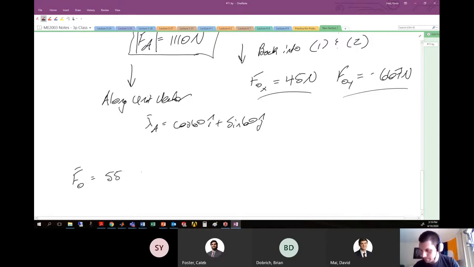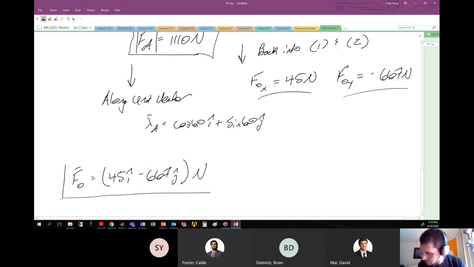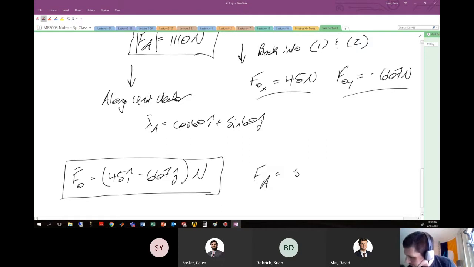Sorry, that's for A. Force at O is 45 i hat minus 667 j hat newtons. And the force at A, if we're resolving into x and y, is 555 i hat plus 961 j hat newtons.